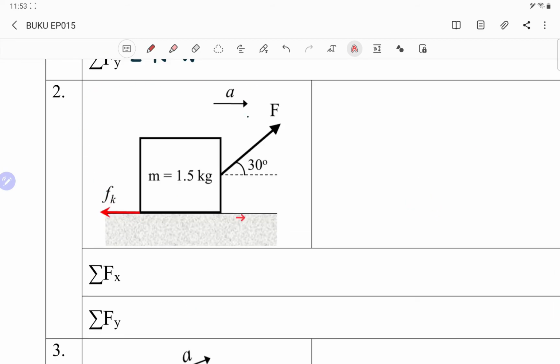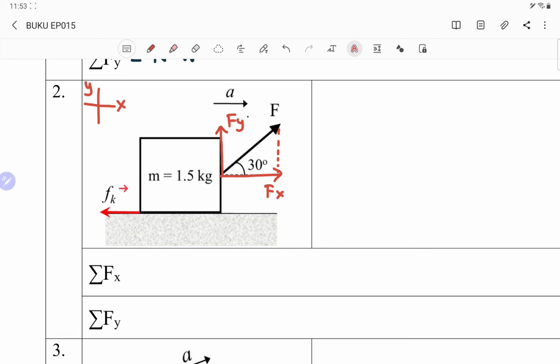Now we move on to number 2. Okay, number 2, we have a force over here. In this case, we have our axes X and Y. According to this vector, because it has an angle, we need to resolve it. This one is Fx and here is Fy.